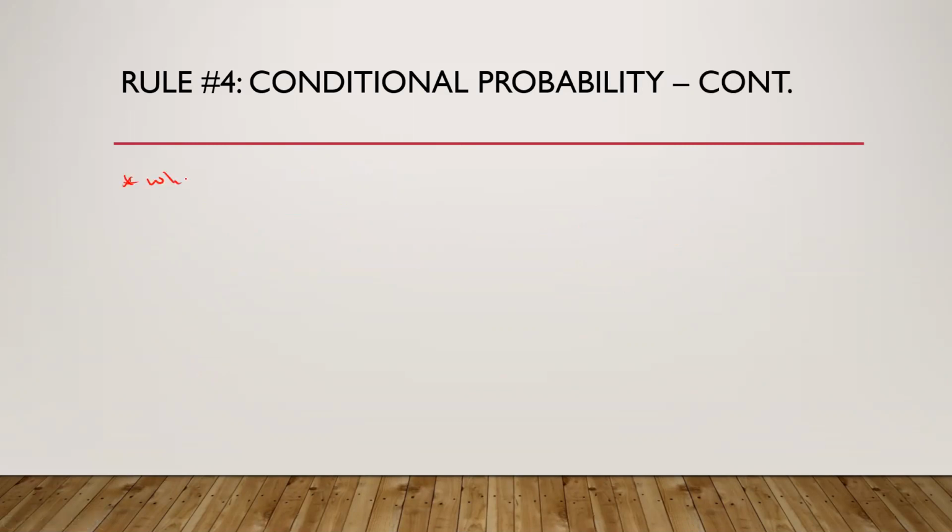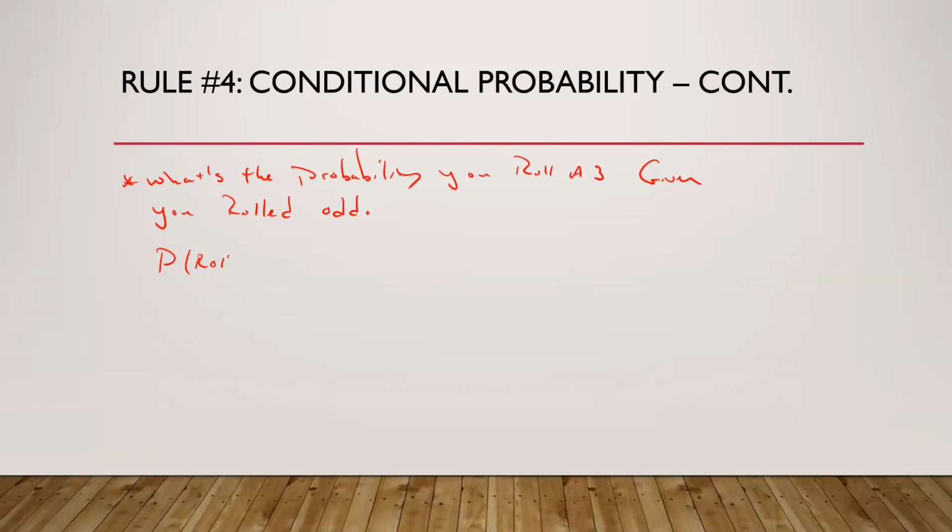What's the probability you roll a 3 given you rolled odd? Using this formula, it's the probability that you roll a 3 given that you rolled an odd number. I'm telling you that you rolled odd.